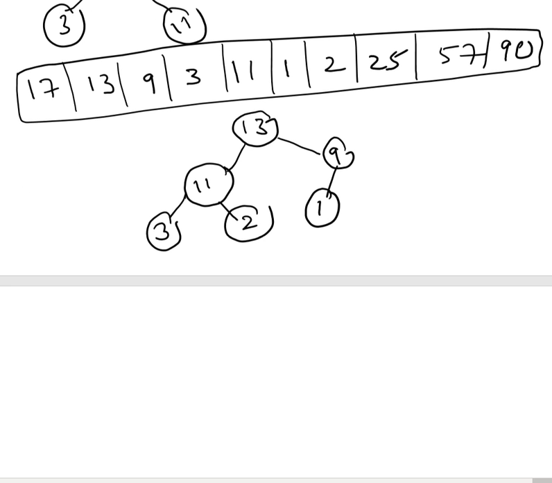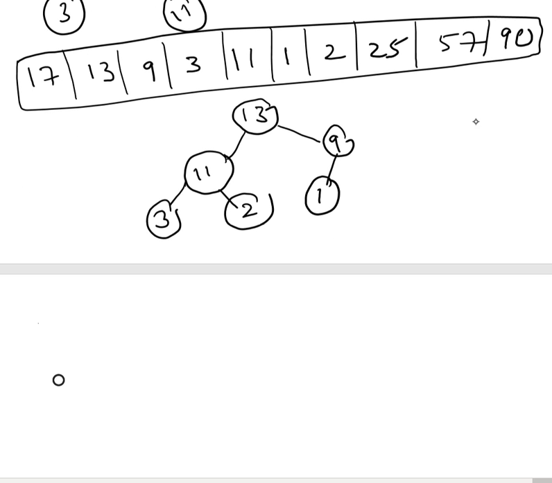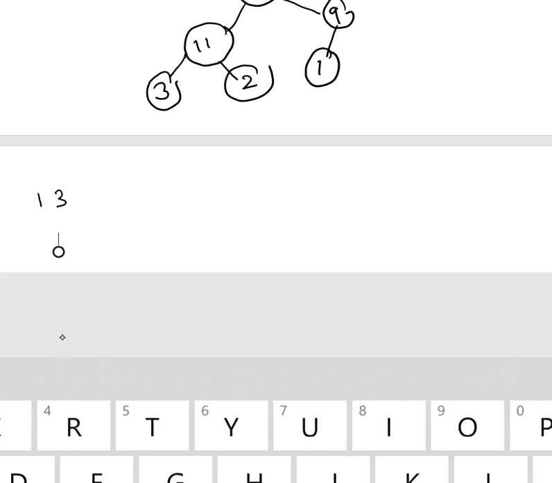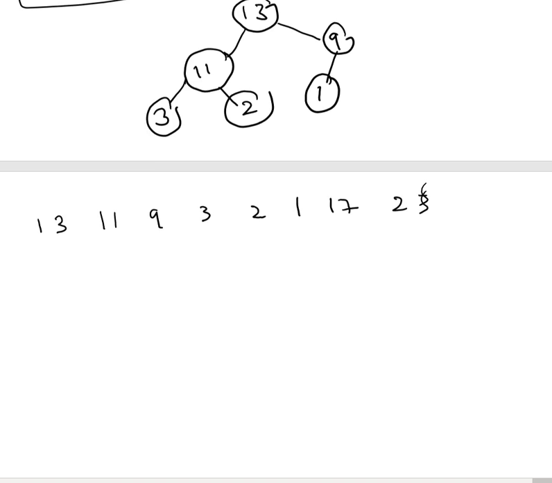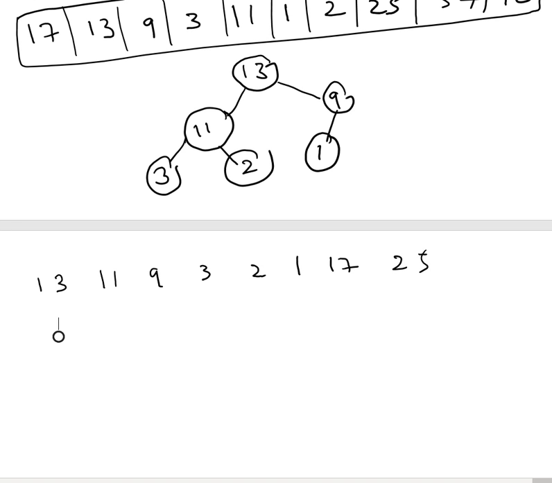So finally, how will the elements be? 13, 11, 9, 3, 2, 1, 17. Remaining all are the same: 25, 57 and 90.